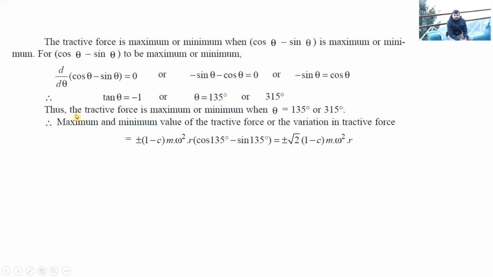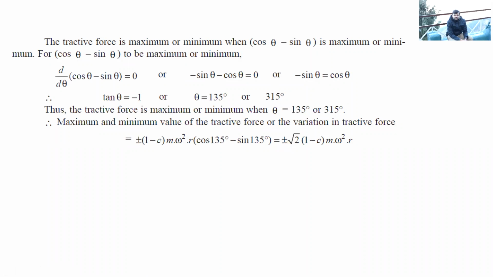So the total tractive force for maximum and minimum amount will be at angles 135 degrees and 315 degrees, and tan 135 degrees and 315 degrees, its value is under root 2. At 135 degrees, its value is under root 2, and at 315 degrees also, its value is root 2.